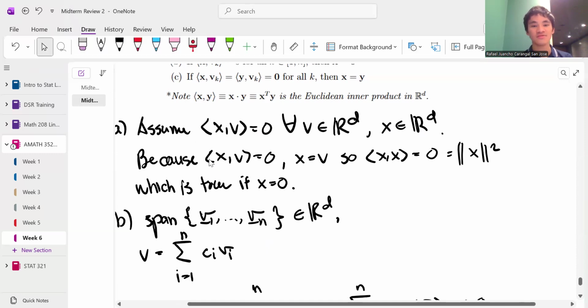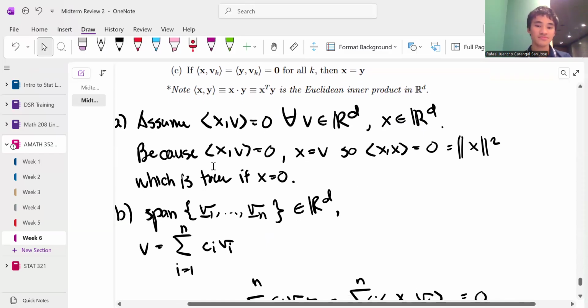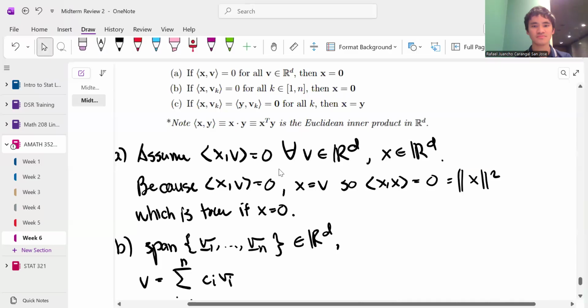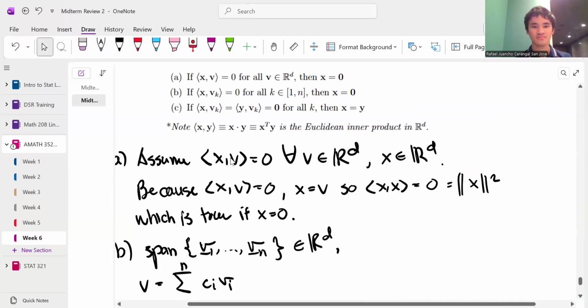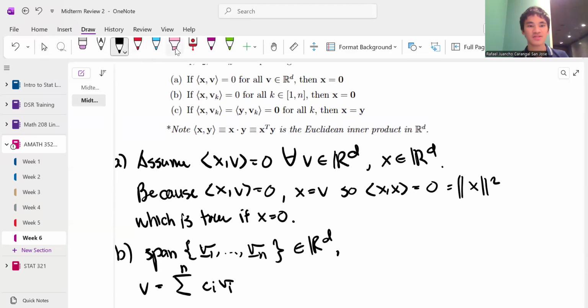Because the dot product of x and v is 0, we take v to be x. So we get 0, another way of writing it is the norm squared of that same vector x. And this is only true if x is 0.